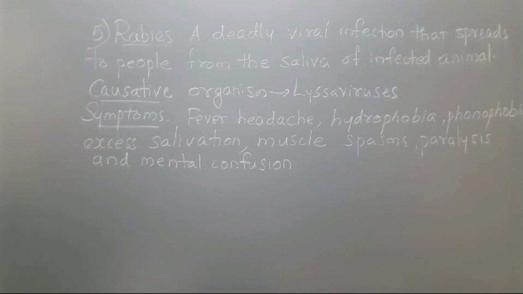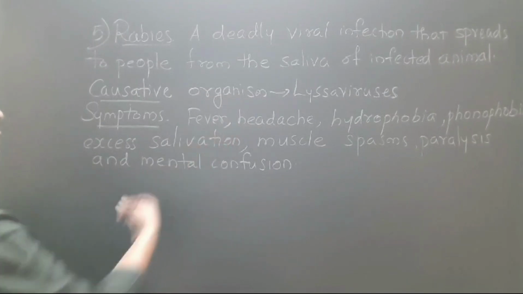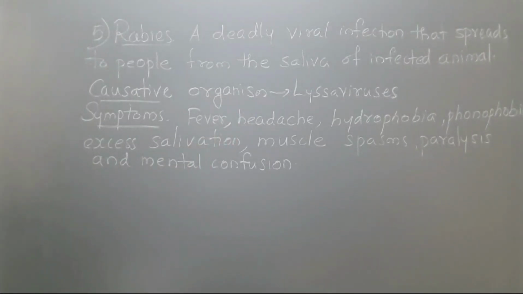Symptoms: fever, headache, hydrophobia. What is hydrophobia? Hydrophobia is fear of water. Hydro refers to water. Then phonophobia. Phono refers to sound. Phonophobia means fear of sound. Excess salivation. Too much saliva will be there in the mouth. Then muscle spasm.